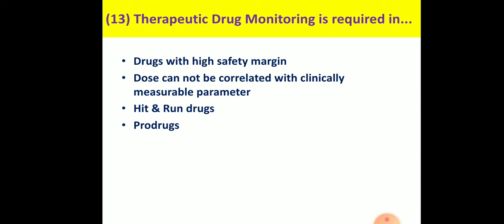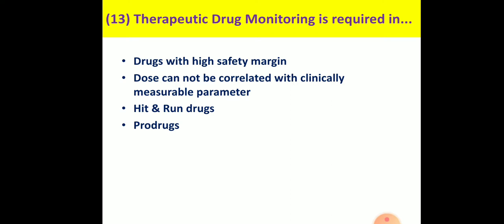Therapeutic drug monitoring. Monitoring of the plasma concentration of the drug is required in drugs with high safety margin. Obviously, no. Dose cannot be correlated with the clinically measurable parameter. That is true, because if you can correlate it with a clinically measurable parameter like blood pressure or blood sugar, then you will definitely check that rather than monitor the plasma concentration.